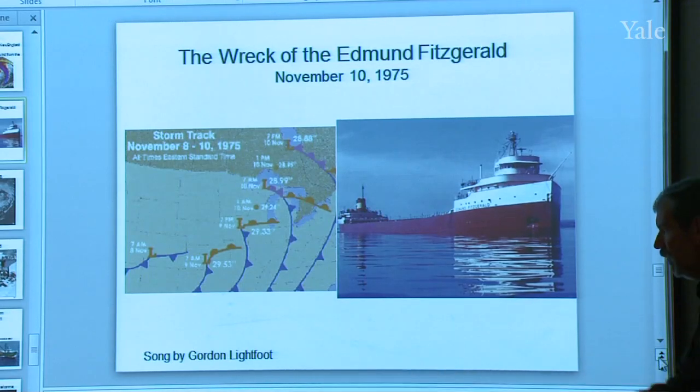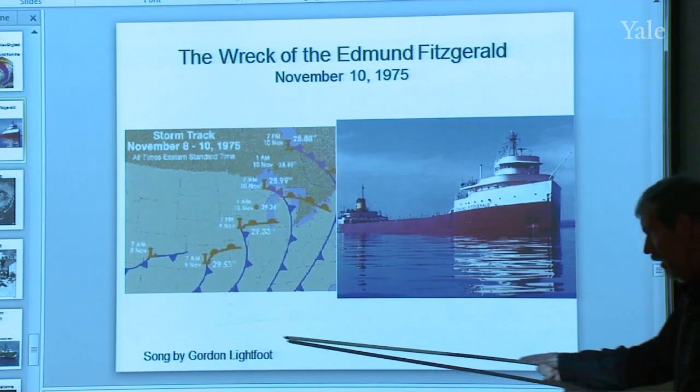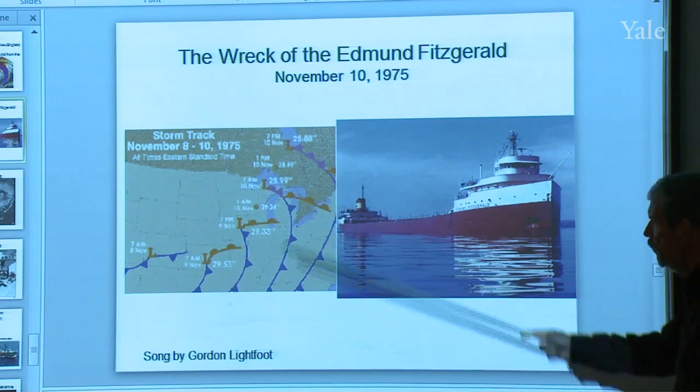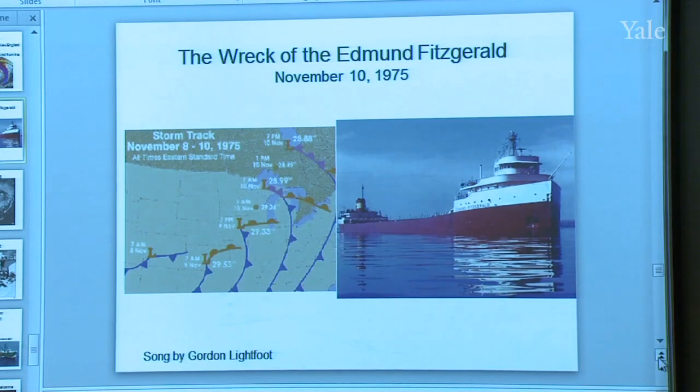And has anybody ever heard the song about that by Gordon Lightfoot? Google it. Listen to that song. It's a great song. It coincided with kind of the folk music era as well, and so this song became quite well known, describing this disaster, but also fitting into the genre of folk music at the time. So, very strong frontal cyclone generating waves on the Great Lakes.